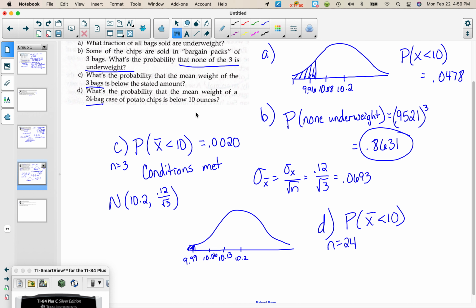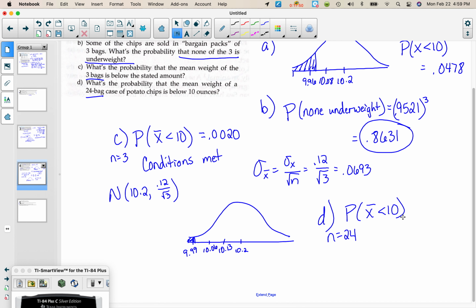So as long as conditions are still met, which would just be an issue of is this still less than 10% of all the bags, which yes it is. So now when I calculate this, my mean is still going to be the same, 10.2. My standard deviation is going to change. Now it's going to be 0.12 divided by the square root of 24, so it's going to be smaller.